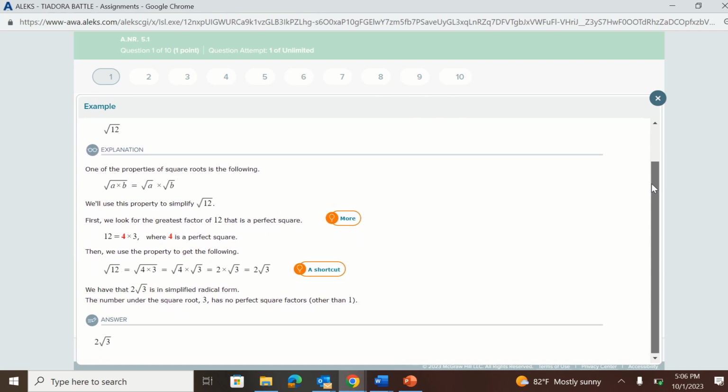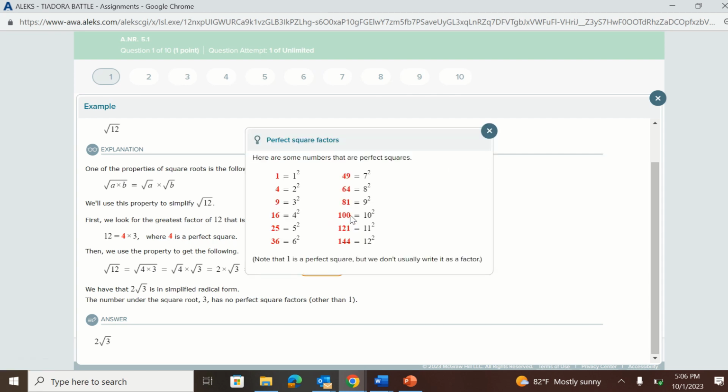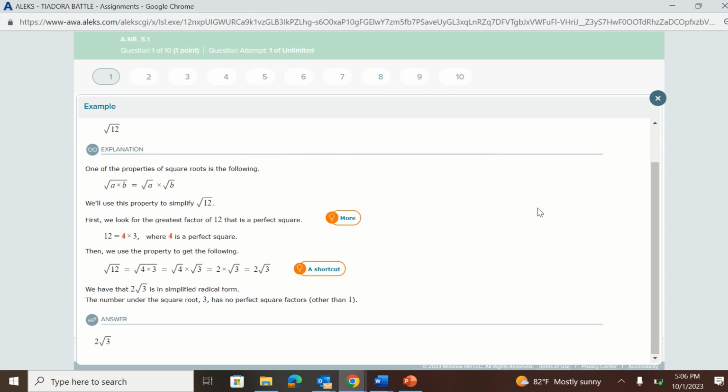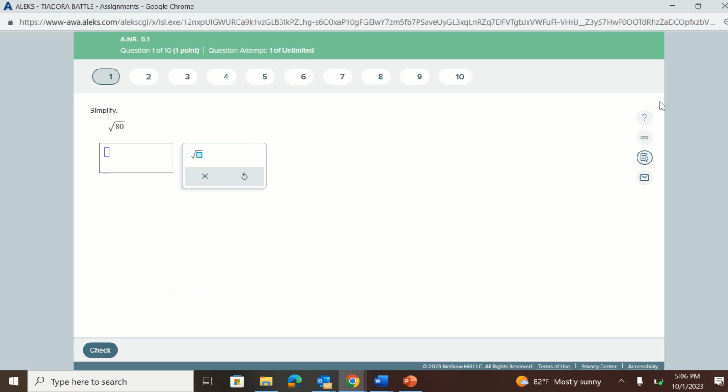So if we have radical 12, it lets students know one of the properties of a square root is the following. And it provides them with more explanation to go deeply into details about how students can identify perfect squares, as well as the opportunity to identify what the answer for radical 12 would be.